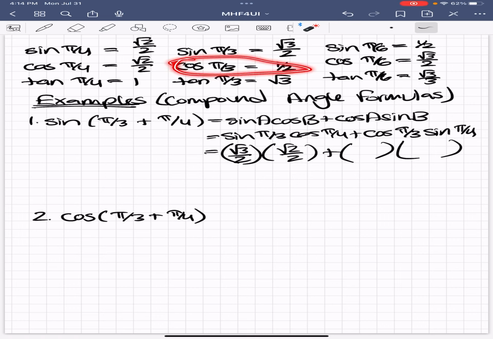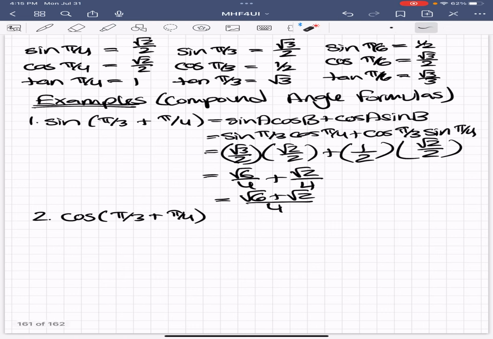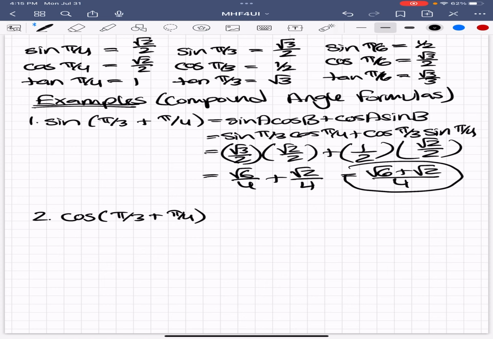Cos pi over 3 is a half. And sine pi over 4 is this one. And here's our answer.